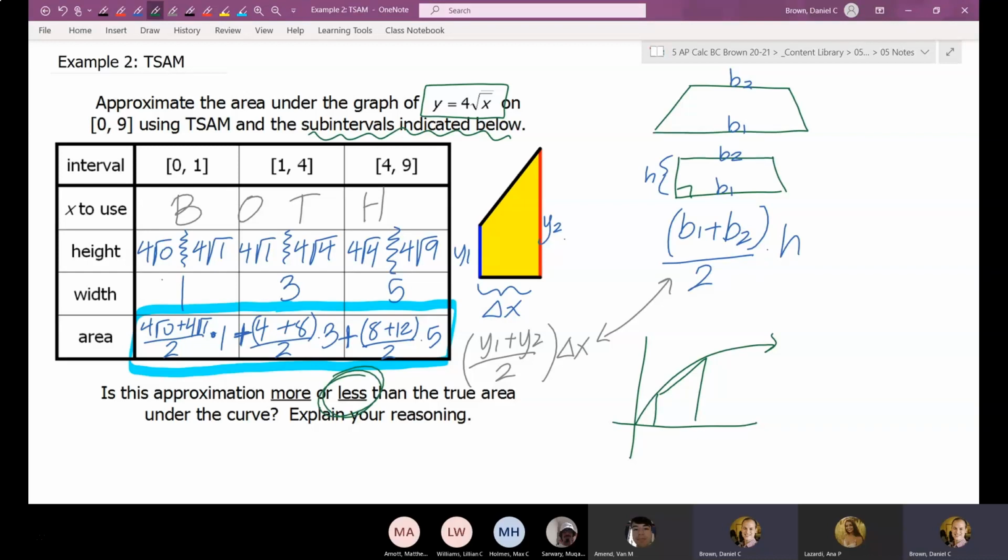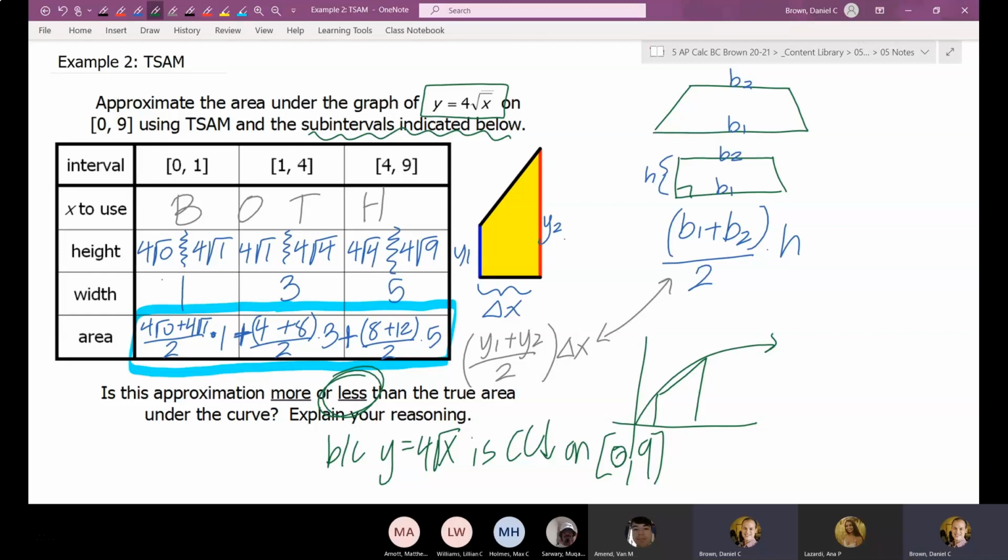How do I know? Because y equals 4 square root of x is concave down on the interval from 0 to 9. You could also just say it's concave down always, and that would be fine for that answer, as long as it was clear that the interval you're talking about, this particular graph, is concave down.